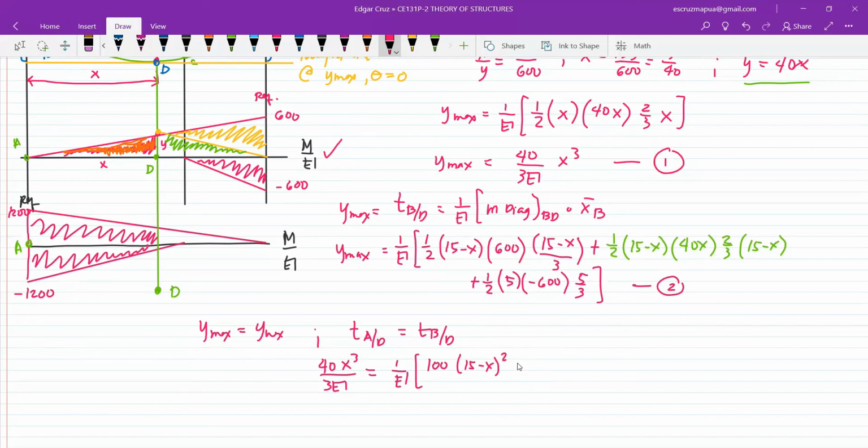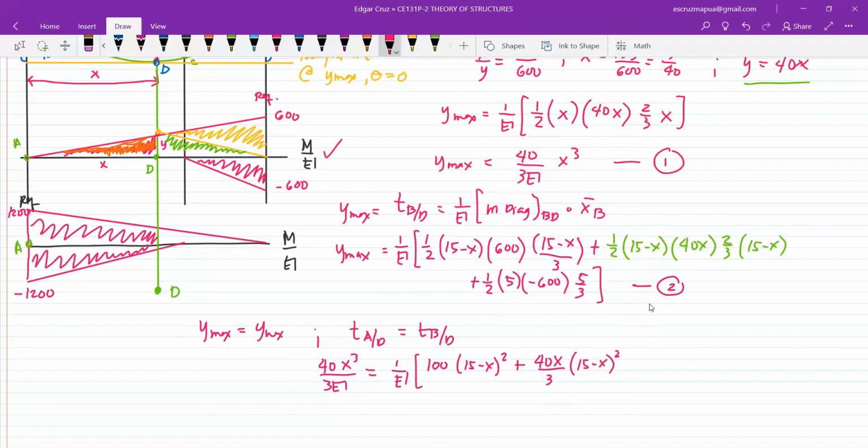Then plus, for the green, cancel the 2. What remains is the 3 and the 40, so 40 x over 3 times 15 minus x squared.